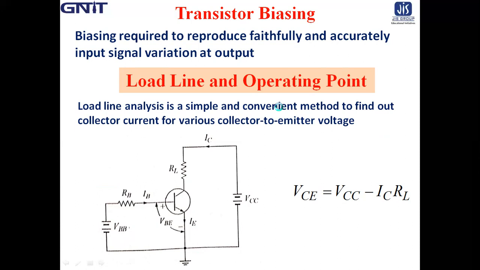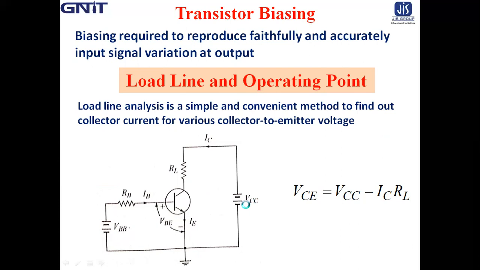Let us consider an NPN transistor in common emitter configuration which is biased with two DC sources, one is VBB and the other is VCC.